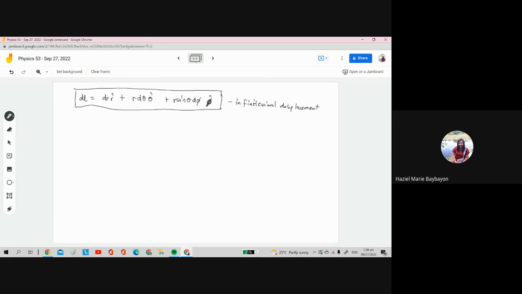All right. And then we can also have the infinitesimal volume. So sa infinitesimal volume sa x, y, z coordinates or the Cartesian coordinates, we have d tau.